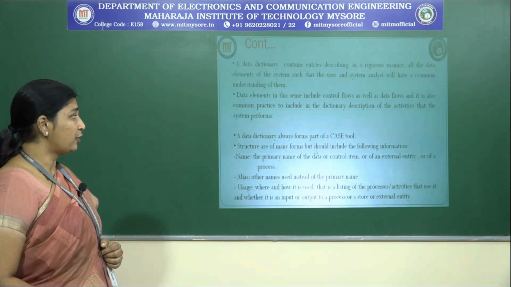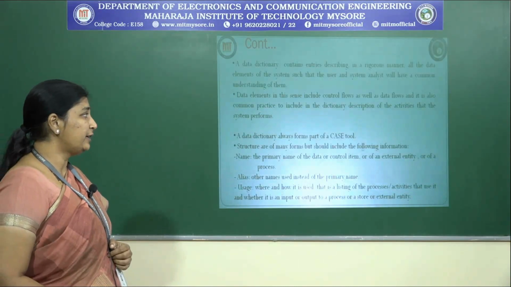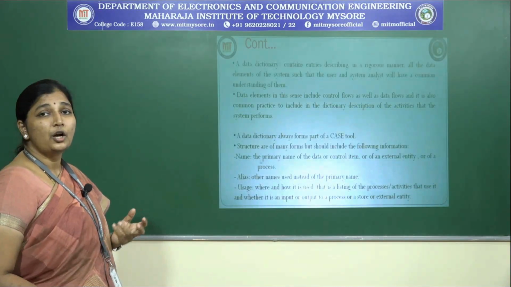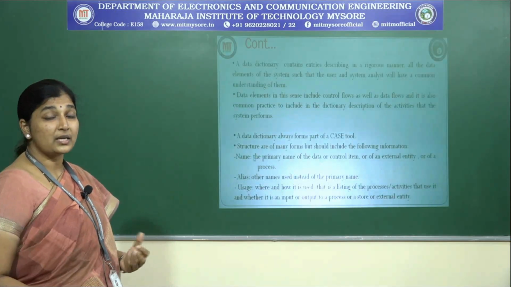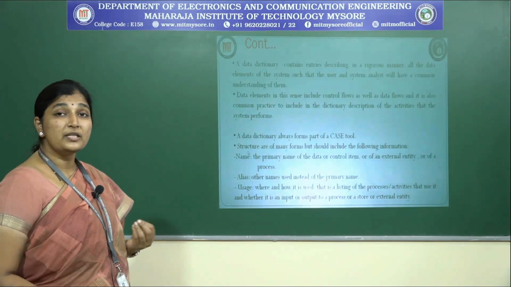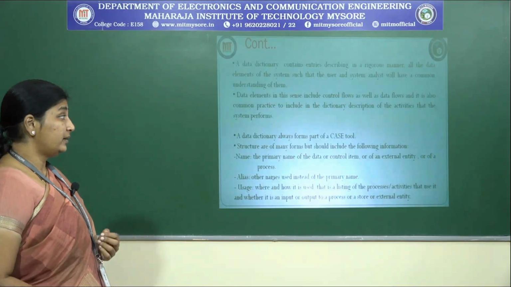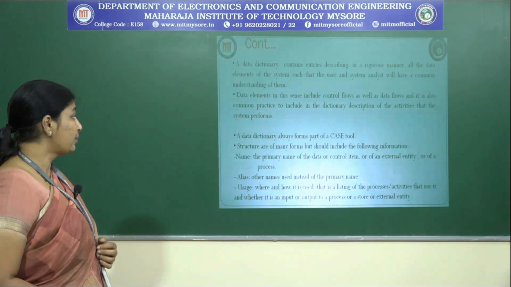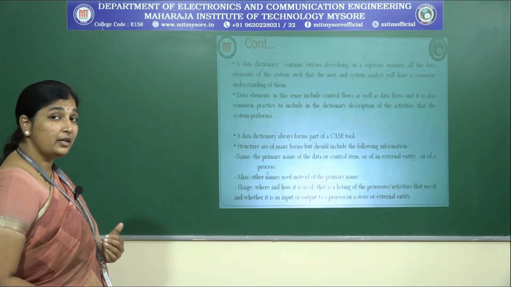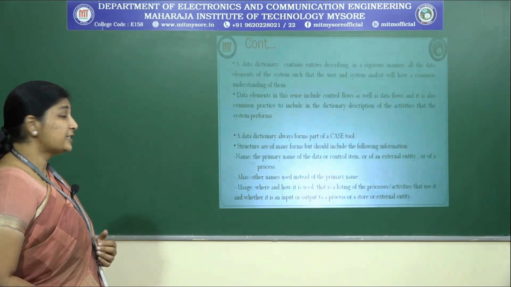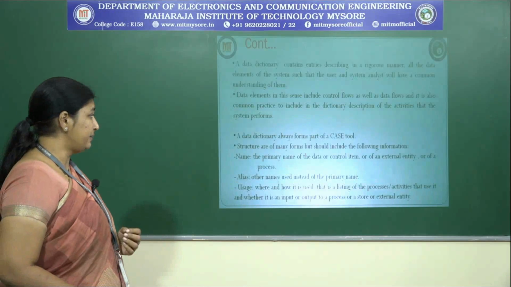Structures are of many forms but should include the following information. There are plenty of structures, but what is common is they should have the following information in them. What are the major pieces of information that you need to think about in any structure? First is a name. What is the primary name given?